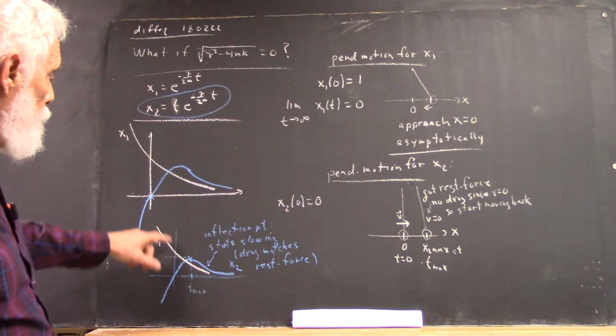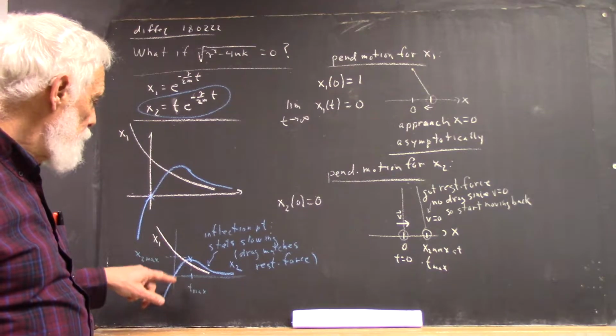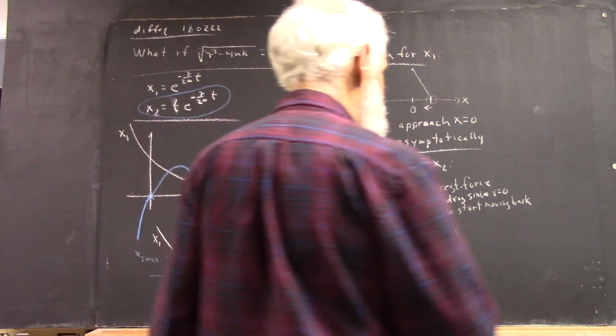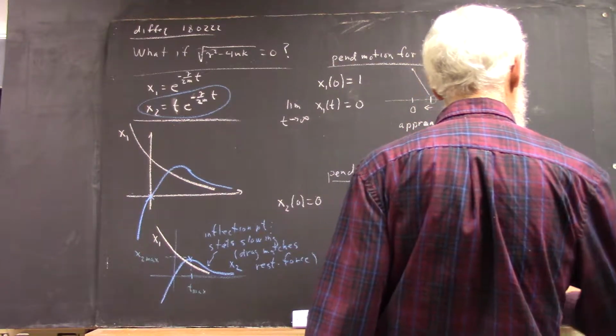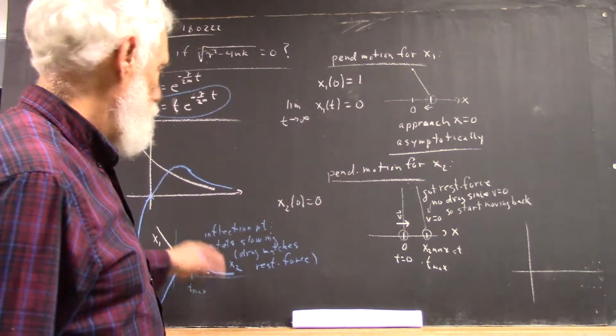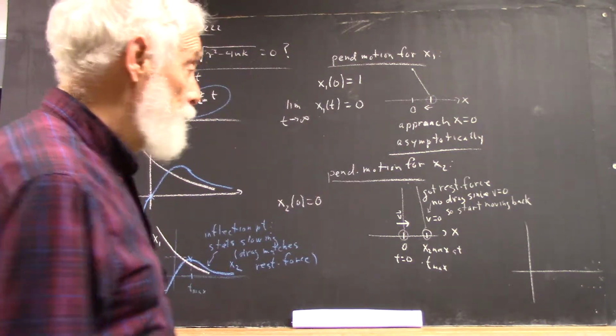What happens if you do linear combinations of these two functions? What's it look like if you add this one to this one? Just use constants of one, do a linear combination where both constants are one, right? What's the graph going to look like?